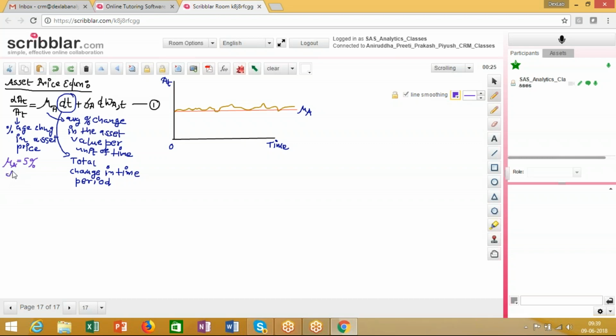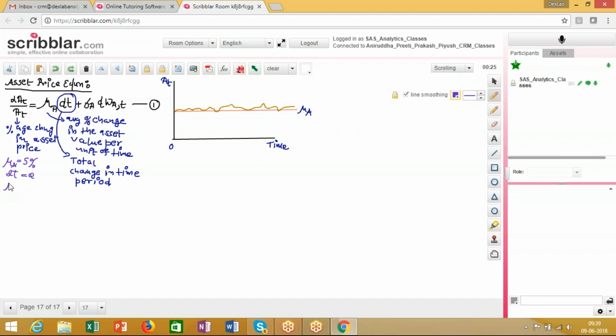So I'm standing today, that is time period T, and the dt is 2. So what I want to know is, when the time period changes by 2 years, what will be the change in the asset price?